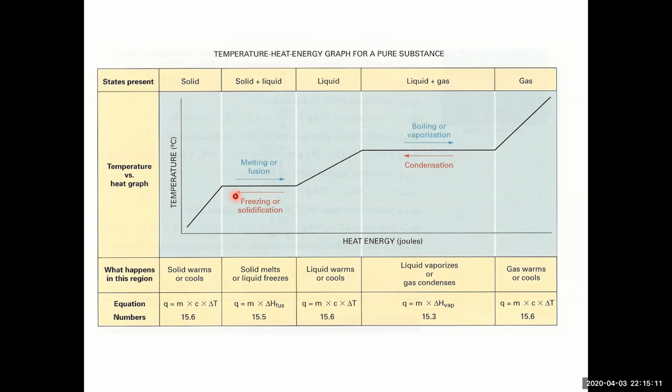If we were to look at the second, higher temperature at which we have a consistent temperature, this is where, if we're increasing the amount of heat energy, boiling or vaporization is occurring. If we're reducing the amount of heat energy, that's where condensation is occurring.